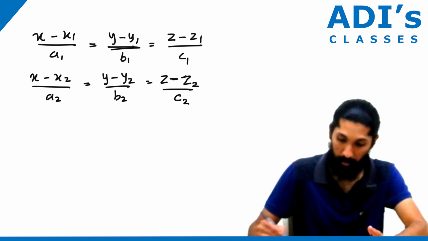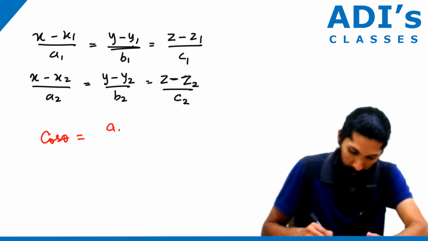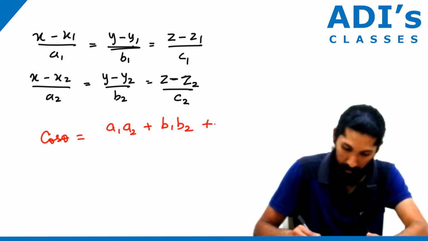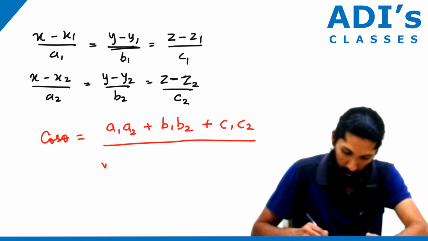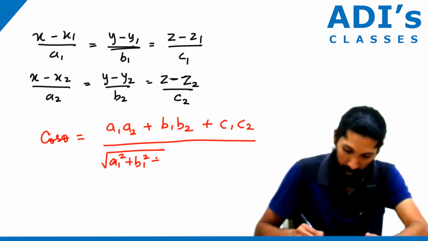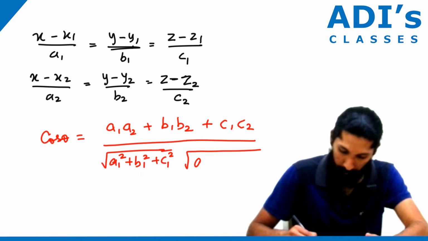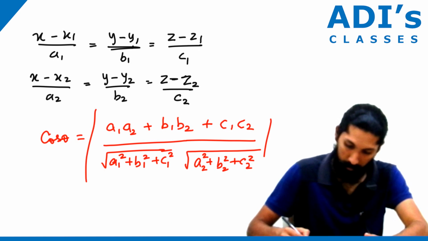Okay. So, here cos theta is equal to a1 a2 plus b1 b2 plus c1 c2 by root of a1 square plus b1 square plus c1 square into root of a2 square plus b2 square plus c2 square, modulus of this.